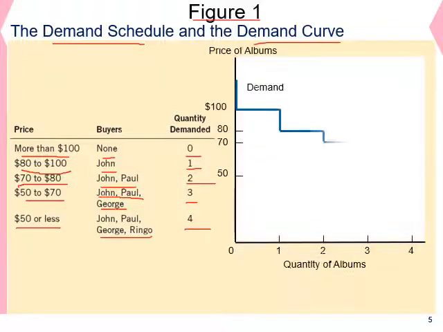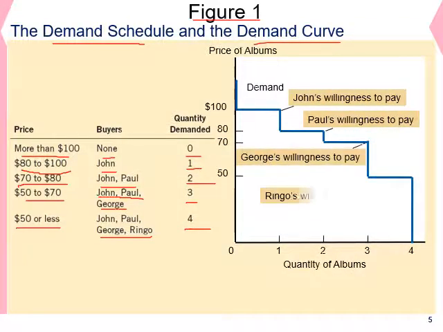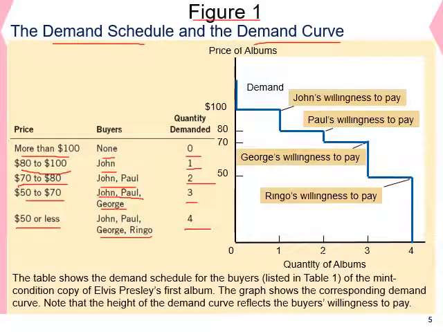Looking at the demand curve, when the price is over 100, the quantity demanded is equal to 0. If the price is 100, only John would be willing to pay for it. The quantity demanded is 1. If the price is 80, John and Paul would be willing to pay for the album, then the quantity demanded will be 2.